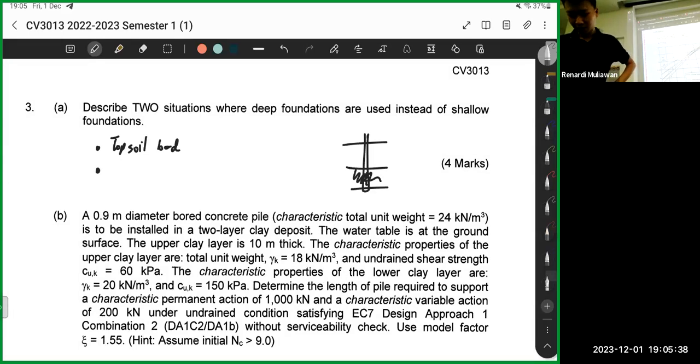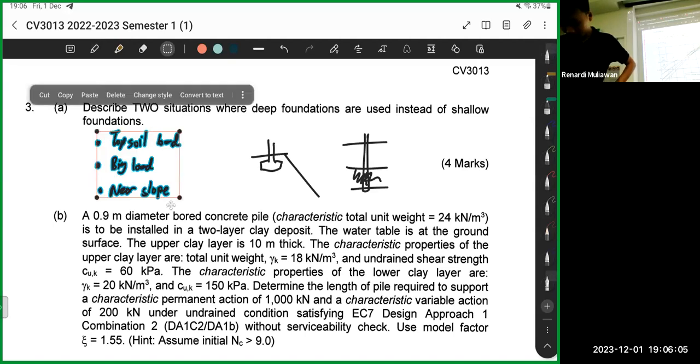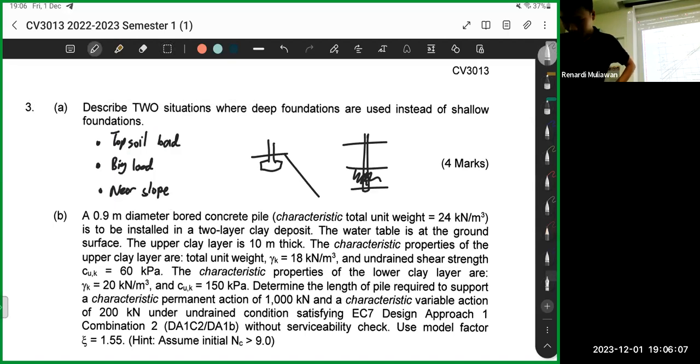Second is big load, or near slope also. Near slope is quite dangerous: if your slope fails, then your foundation also fails. That's why we need to use deep foundation near slopes. So this one is theory only.